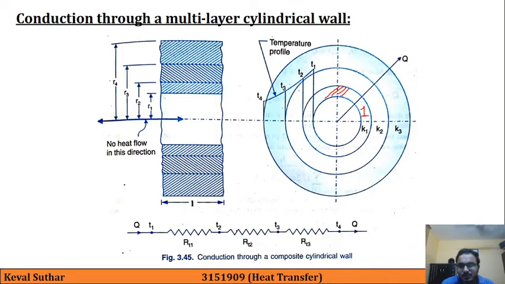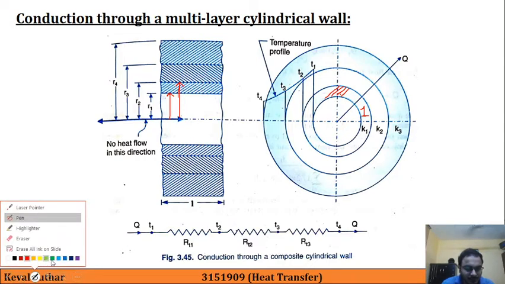So this is our first layer, in which the inner radius is R1, as you can see here, and the outer radius is R2 for our first cylindrical wall.